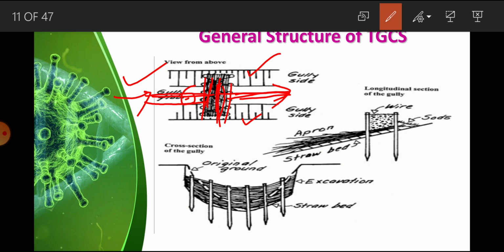So in this particular diagram, you can see upstream is coming from this side and there are sods. Due to this, velocity will be restricted, flow will be restricted, and soil will deposit here, whatever is coming with the runoff.